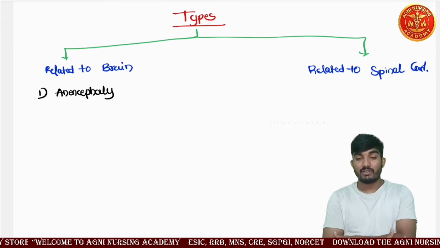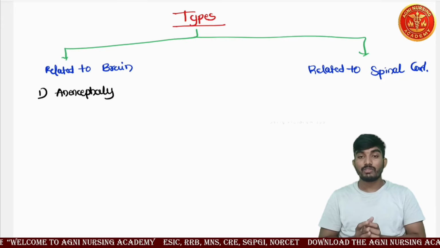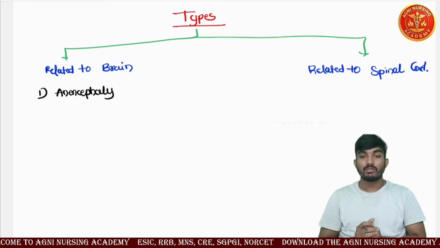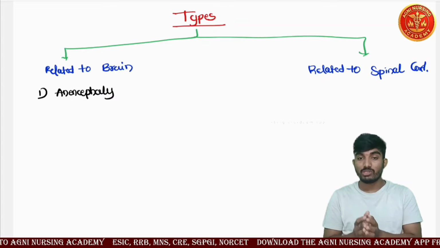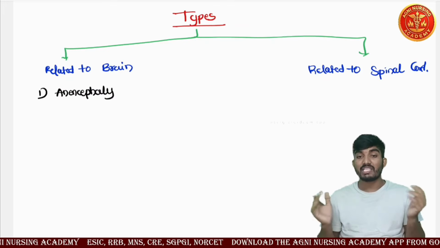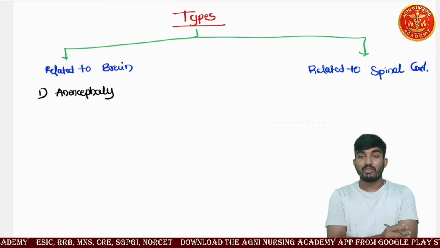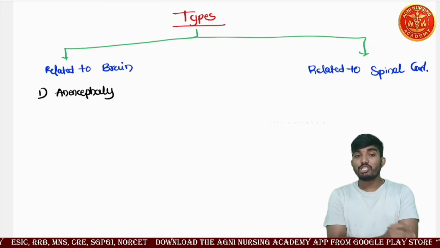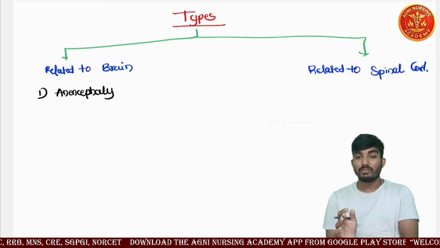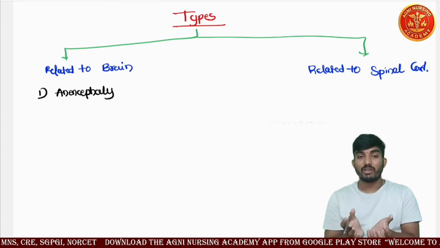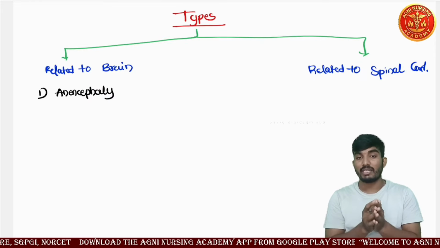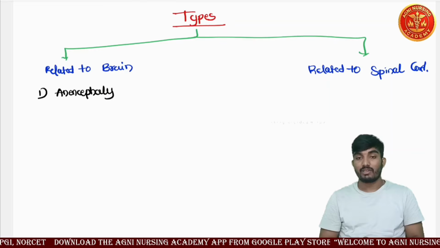In case of anencephaly, some parts of the skull bones are absent and the brain is exposed to the environment. That is called anencephaly. These children die within a few hours after birth.